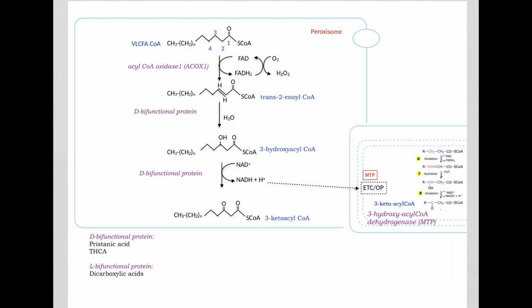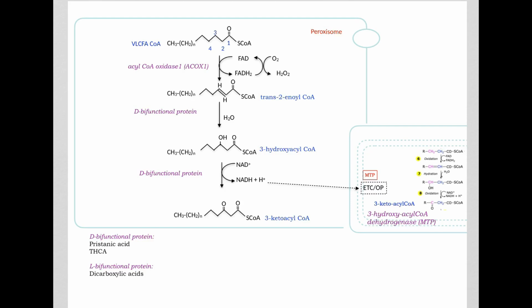In the next step, the hydroxyl group at the beta carbon is oxidized by NAD to a carbonyl. Since the beta carbon is oxidized, that's why this is also called beta-oxidation, just like what we saw in the mitochondria.